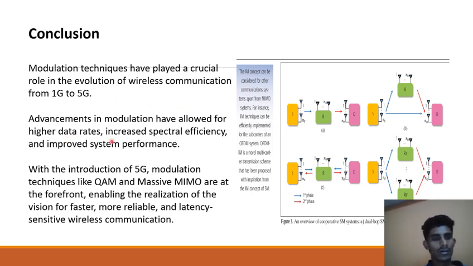Advancements in modulation have allowed for higher data rates, increased spectral efficiency, and improved system performance. With the introduction of 5G, modulation techniques like quadrature amplitude modulation and massive multi-input multi-output are at the forefront, enabling the realization of visions for faster, more reliable, and latency sensitive wireless communications.